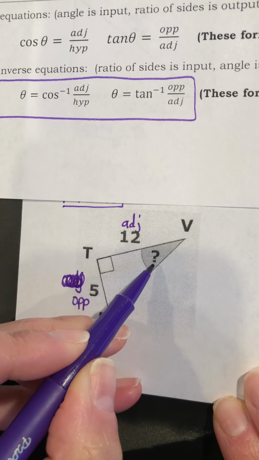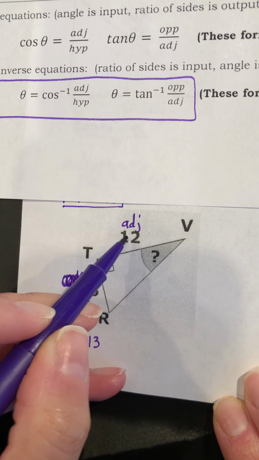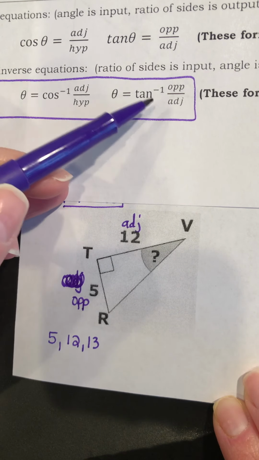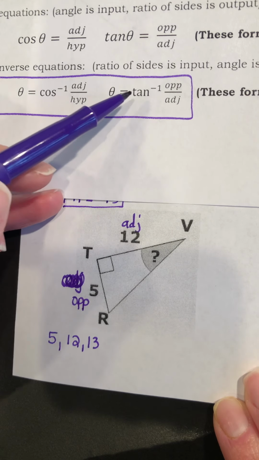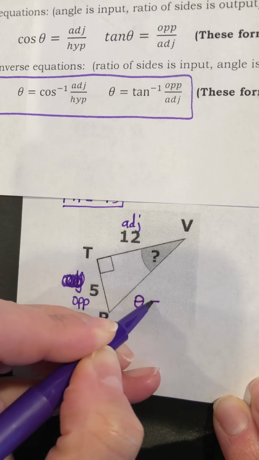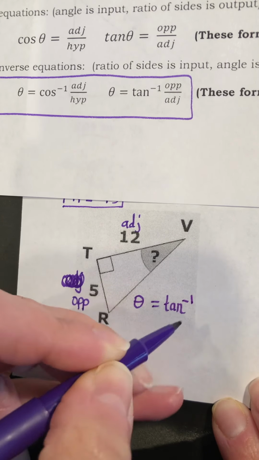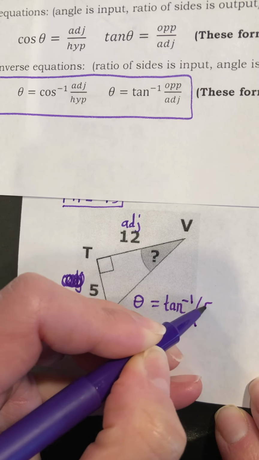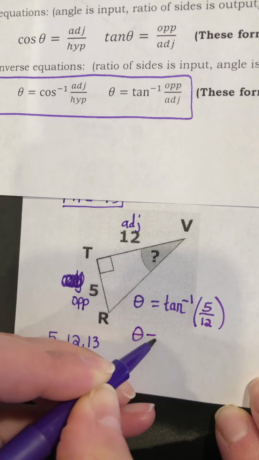If I'm looking for the missing angle and I have the opposite and the adjacent, it makes the most sense to use the inverse tangent formula because the other formulas won't have the ingredients that I need. So again, I'm going to literally write down theta equals inverse tangent of opposite over adjacent, so 5 over 12. And I'm going to literally type that in my calculator.